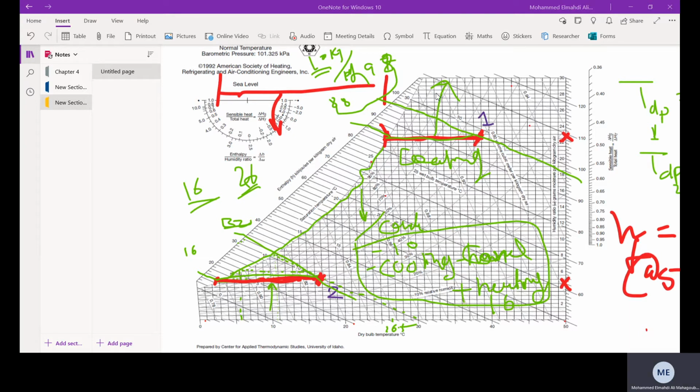What is the saturated water enthalpy? Let me go to the book and go to the tables. Sorry, I don't have the tables with me now, so I'm gonna need the book for that.